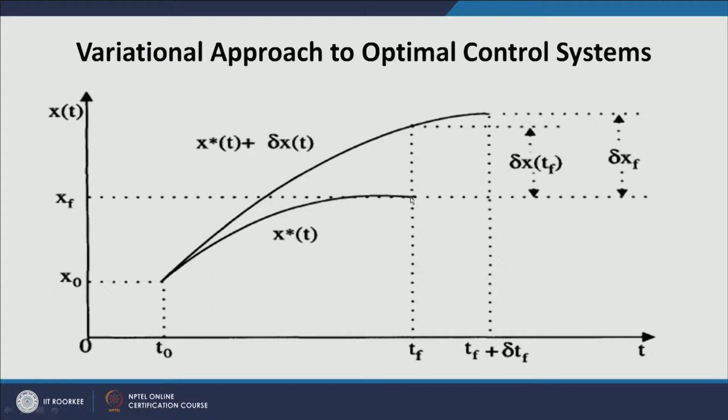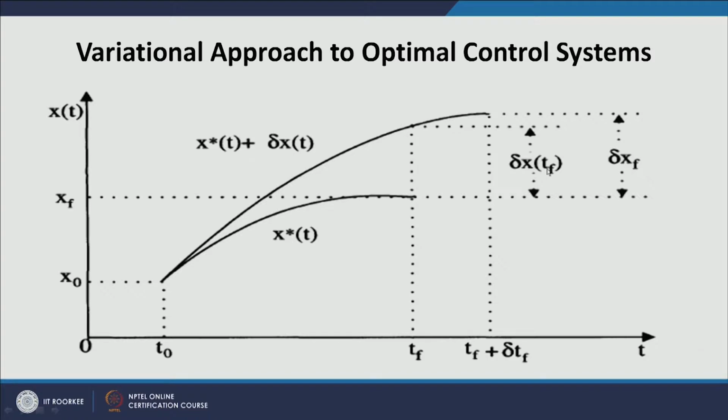xf is the value at the tf point, and at the tf point the value of x star of tf is this value. The difference between these two is my delta x of tf, and the difference between the final value and the value of x(t) at the tf point is delta xf.